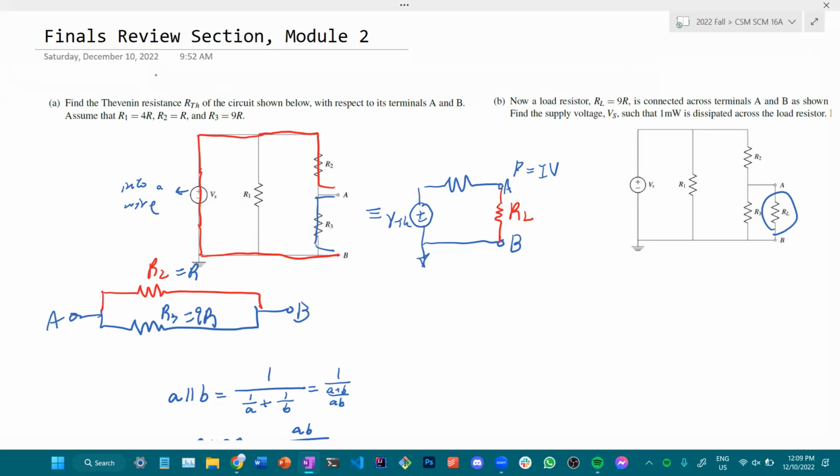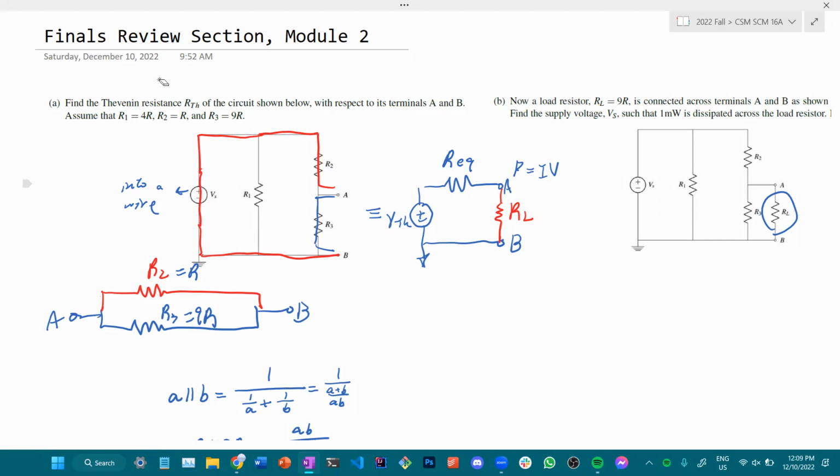First of all, since we only have derived the REQ here, which is once again 9 over 10 R, we'll also like to derive the Thevenin voltage. So to derive the Thevenin voltage, we'll then have to use some kind of nodal voltage analysis, which I'll abbreviate the process of here.